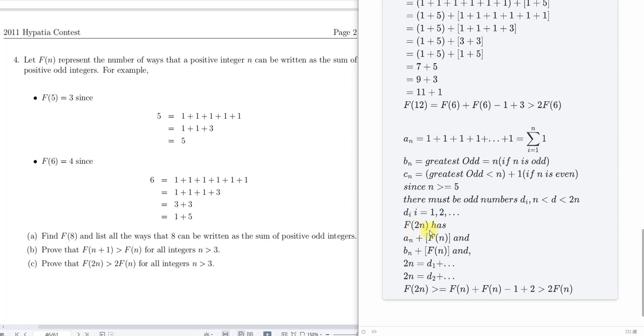So f(2n) has A_n plus all f(n) possibilities, and B_n plus all f(n) possibilities. We know that there is only one overlap, so we minus 1, and 2n can be written as d_1 plus something, or d_2 plus something.